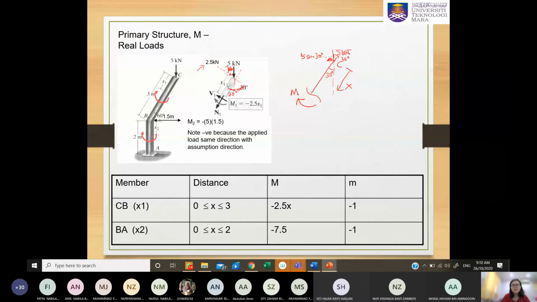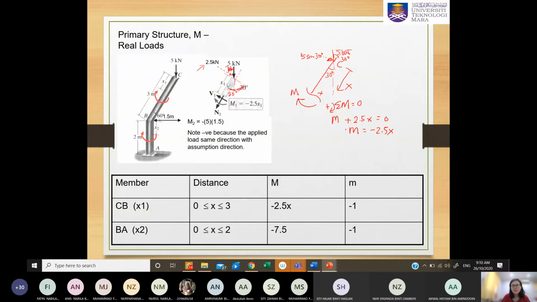To get this moment done, you can write the equation summation of moment equal to 0, putting clockwise as positive. So now you have M and you have 2.5, and the distance to the x here is 2.5x, and it is also acting clockwise, right? So you have plus here, equal to 0. So now you know that M is equal to negative 2.5x.